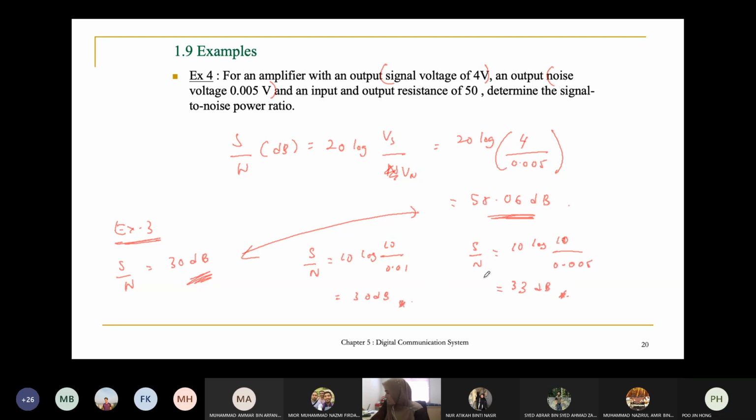So you can see that the signal power is the same, 10, but this noise power is smaller compared to this one, and you can see that the signal to noise ratio is higher. Okay, so you must remember that signal to noise ratio yang lebih tinggi adalah lebih bagus. So the answer is example 4 is better compared to example 3.